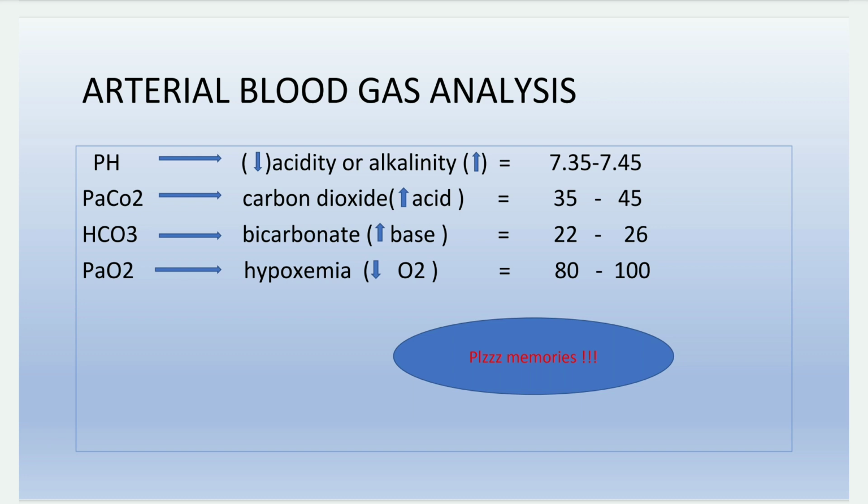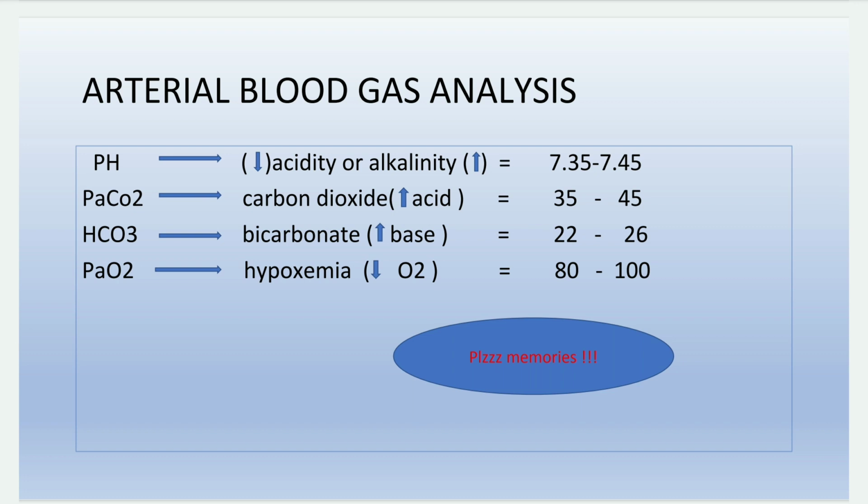Again, let's do a quick revision. Less pH, acidic; more pH, alkaline. PaCO2, carbon dioxide, is regulated by lungs. So carbon dioxide means lungs, so it is always respiratory side. Increased carbon dioxide is acidic side, less carbon dioxide or PaCO2 is base side.